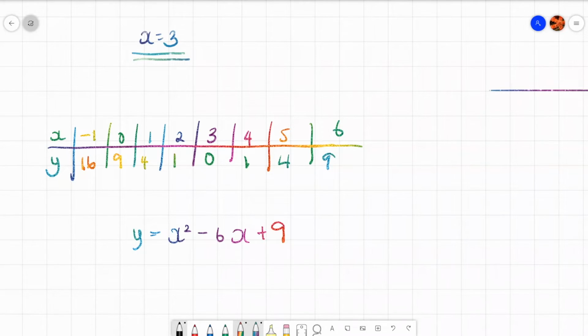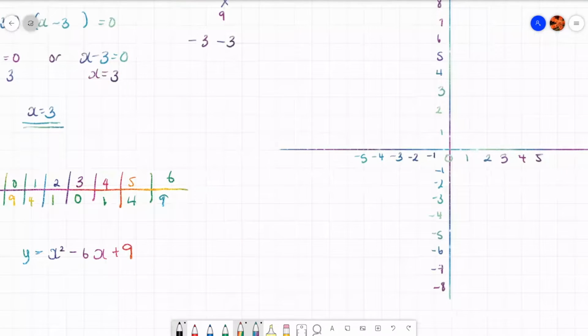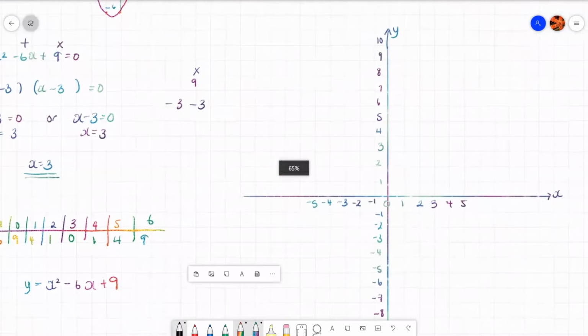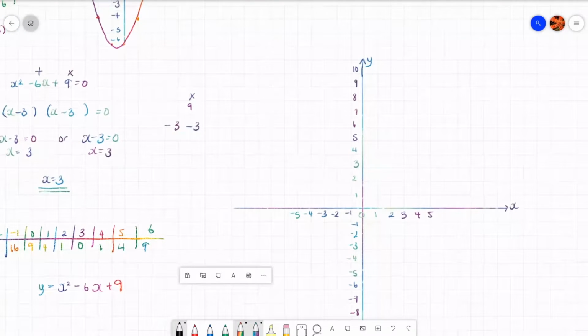Okay, let's put our coordinates on our graph then, shall we? I've got (-1, 16), but that's off the grid. So I'm not going to plot that one. (0, 9) is here. (1, 4) is there. (2, 1) is here. (3, 0) is there. (4, 1). (5, 4). If I do this one, (6, 9) is there.